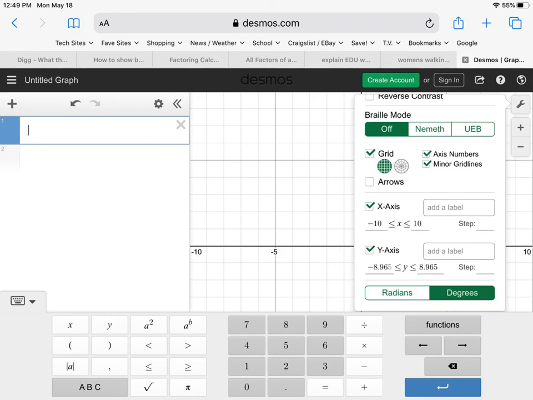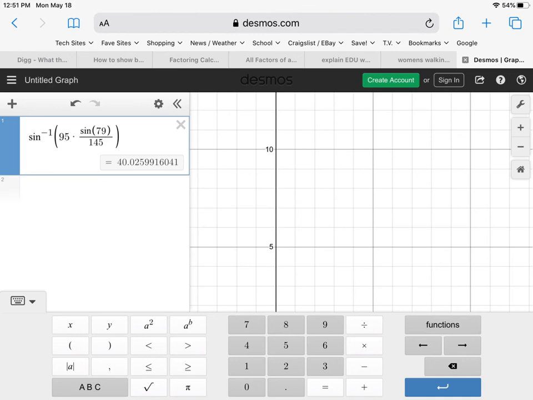I'll show you how to do this on Desmos.com. First of all, go to the tool icon and change it to degrees or things aren't going to work right. Then go to the box and plug it in. It should look something like this. And plug that in.